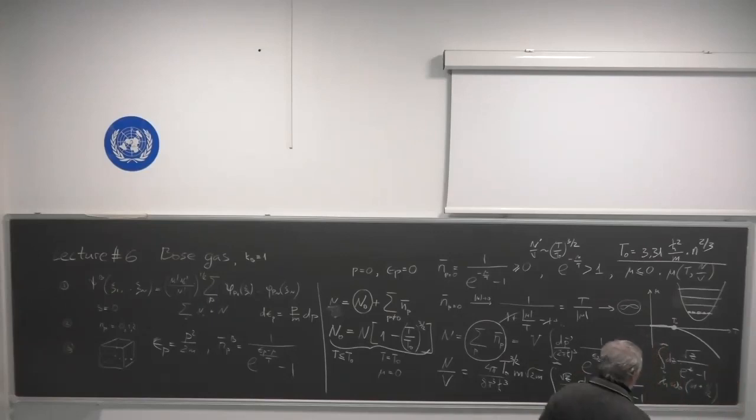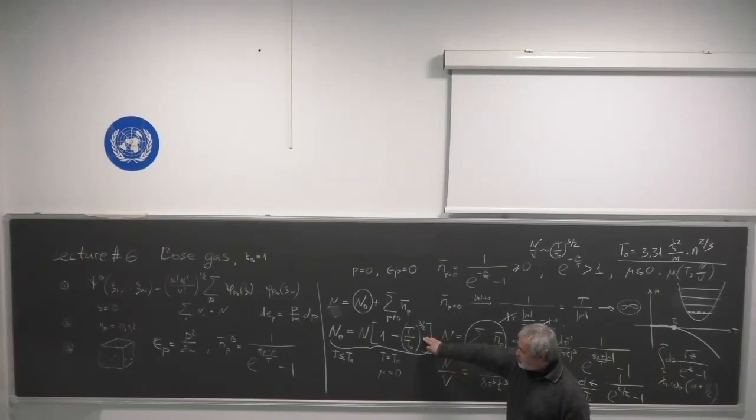What will be different? For example, for a parabolic trap, this power will be different. As a problem which I suggest to do, you can take a book about Bose-Einstein condensation. There is a nice book by Pethick, I can give you a reference, which discusses in a very simple way and in detail what happens in a trap. You can do this calculation yourself, and for example, for a three-dimensional trap, it will be T over T naught to the power 3.